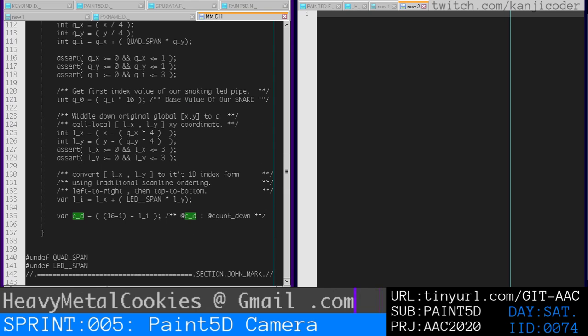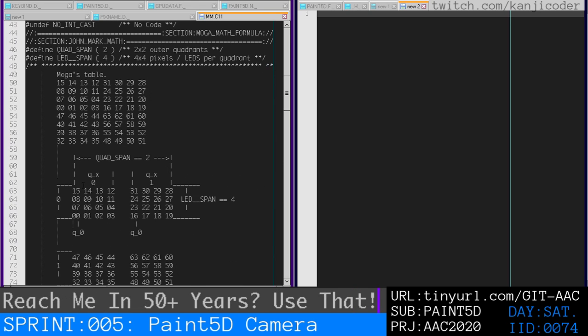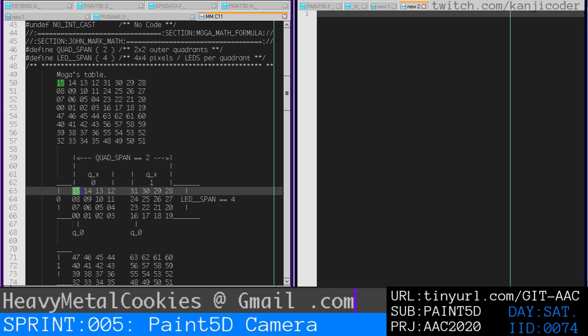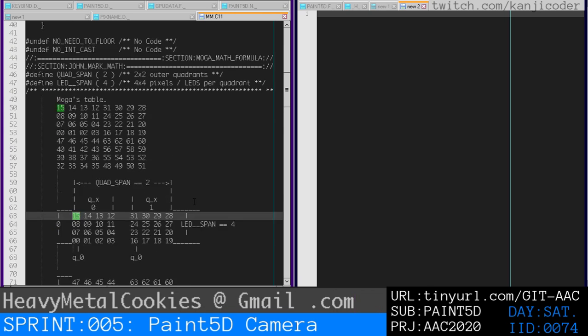Okay, so after we have this inverted, right? So now we're kind of going 15, 14, 13, 12, 11, 10, 9, 8, 7. We have to modulate and say if it's... we need to like divide by 4 somewhere. We got this modulation by 4 and whatnot, so that's probably where we're getting this.